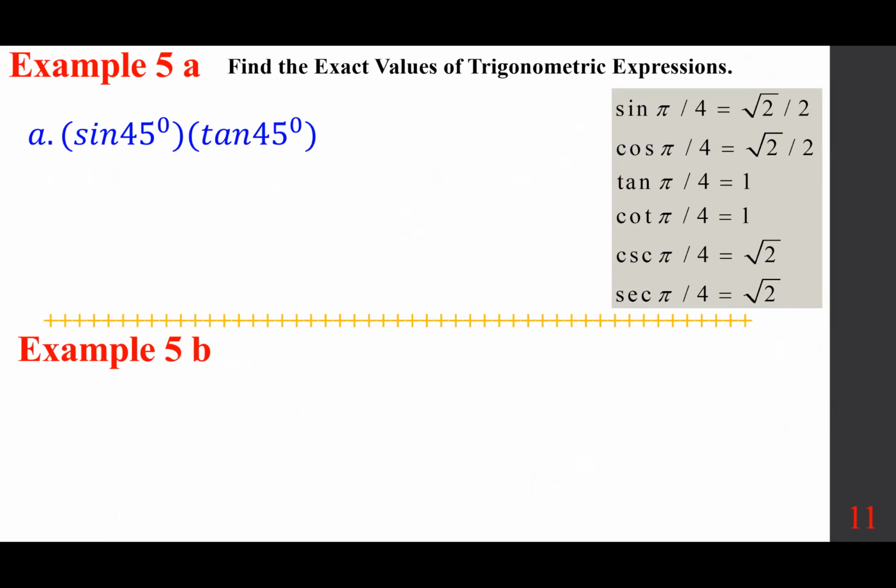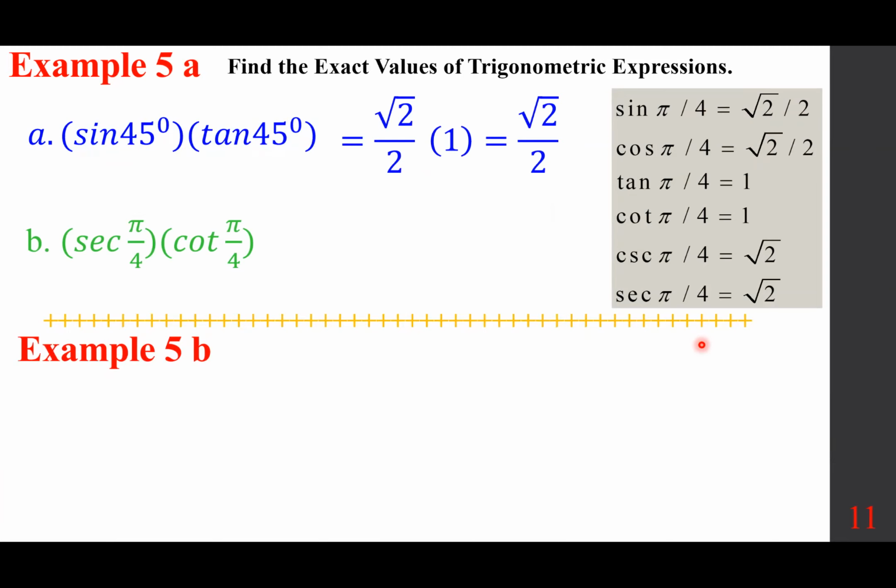All right, now that we have those, let's find the exact values of the following expressions. Sine of 45 times tan of 45. So this number is square root of 2 over 2 times 1. By the way, pi over 4 is a very common arc. We have to memorize this stuff. So we multiply and we get square root of 2 over 2 precisely. Secant of pi over 4.